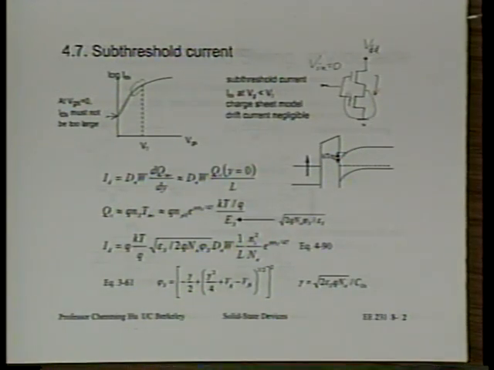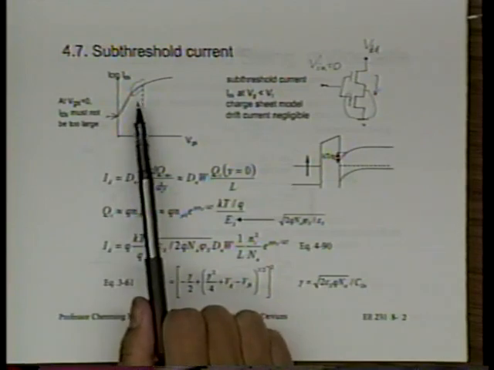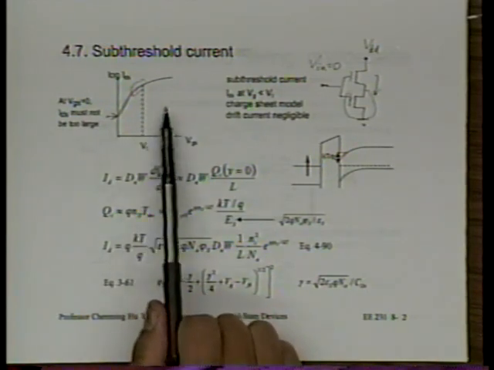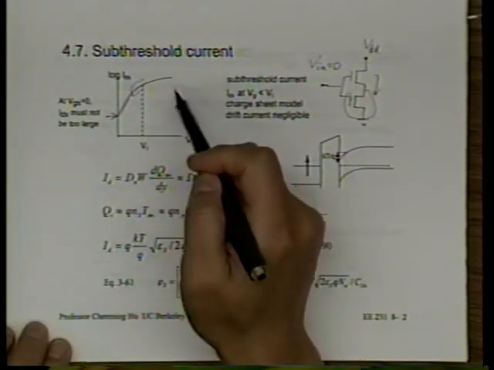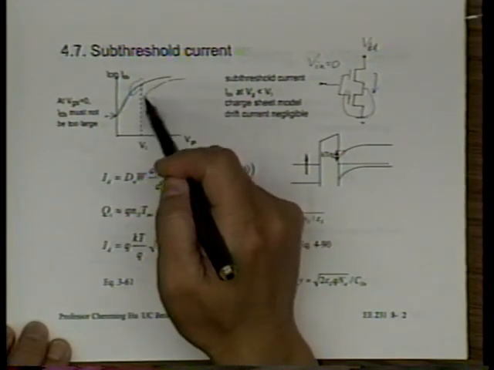Yes? Usually, when I look at the device parameters, there is some trade-off between the subthreshold leakage amount and the speed, right? So why? It has to do with this VT trade-off. We'll talk about this later, but just because you brought this up, let me just say that clearly we can make this current smaller if we bring the VT to a higher value. Then this whole curve will shift to the right, right?